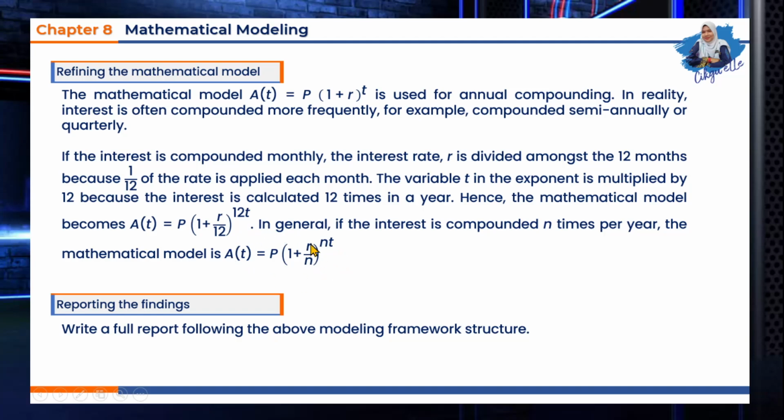So this is a model that can be applied to other real world problems. We refine our mathematical model in order to use it for other real world problems. The final step is to report the findings.